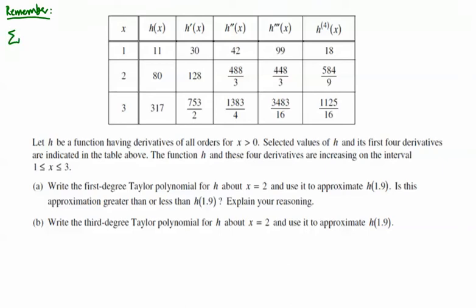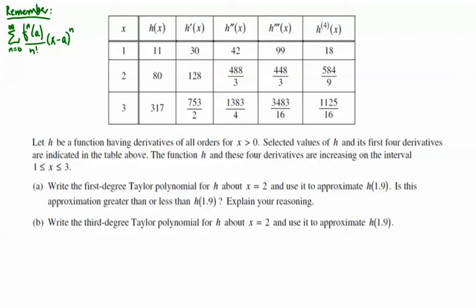The general form of a Taylor polynomial is the sum from n equals 0 to infinity of the nth derivative of f evaluated at the center divided by n factorial times x minus a, again the center, to the nth power. And so your Taylor polynomial is just a string of these terms constructed in this way.